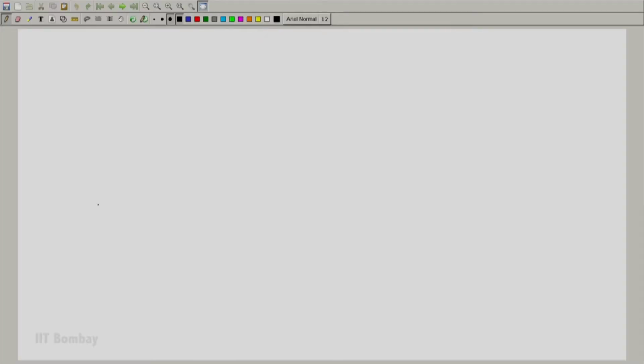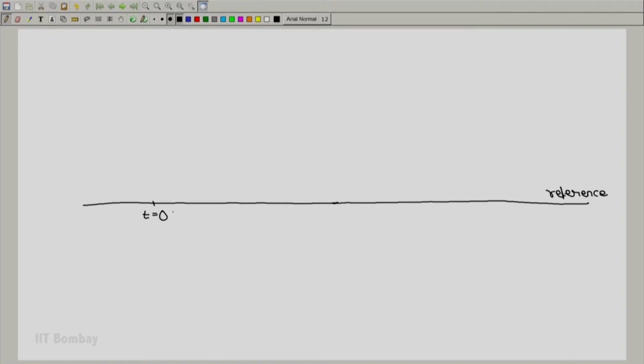So, here we are. We again draw reference, mark the t equal to 0 point here and the t equal to Ts point here, or T0 by 4 point. And then we recognize that there was a sinusoid which took an angle of pi by 4 here, and it reached an angle of minus pi by 4 here, and it continued downwards here and continued upwards there.